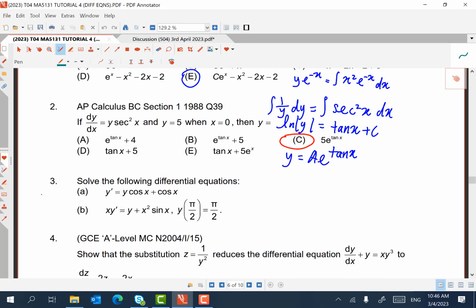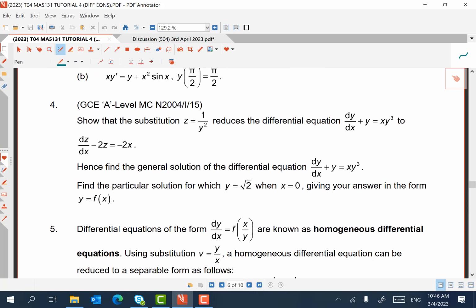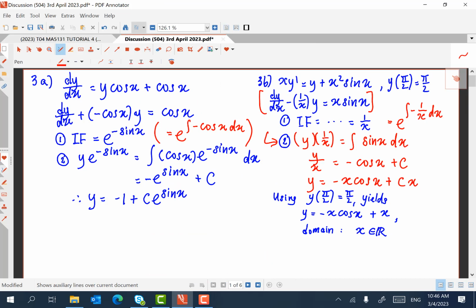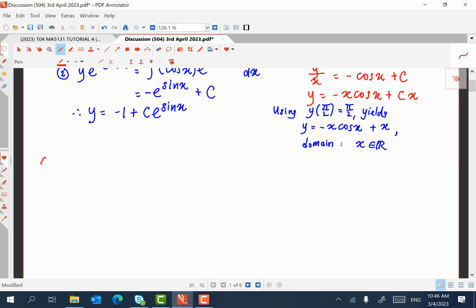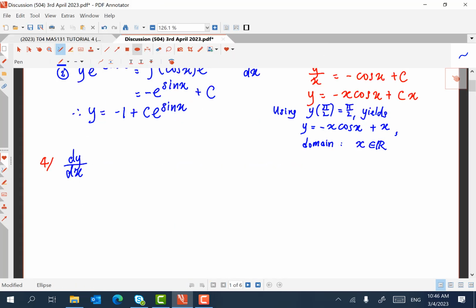So that's 3B. Number 4A. Number 4 is dy/dx plus y equals x y cubed.